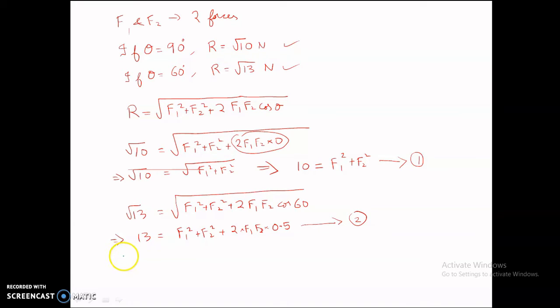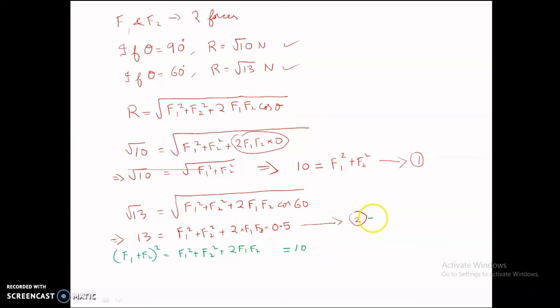That is, in terms of F1 and F2, we can write F1 plus F2 the whole square equal to F1 square plus F2 square plus 2 F1 F2. So from equation number 1, we get F1 square plus F2 square as 10.